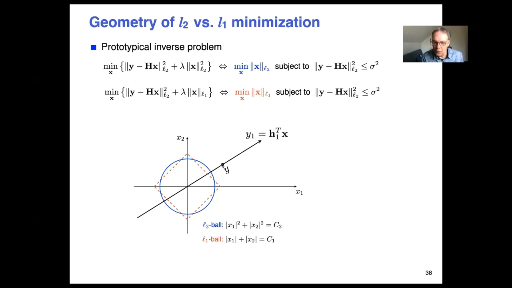So you want to reconstruct something that is in a slab here of width 2 sigma, because you're just on this axis, so you're in 2D. The gray here is all the locus that satisfies your consistency condition.